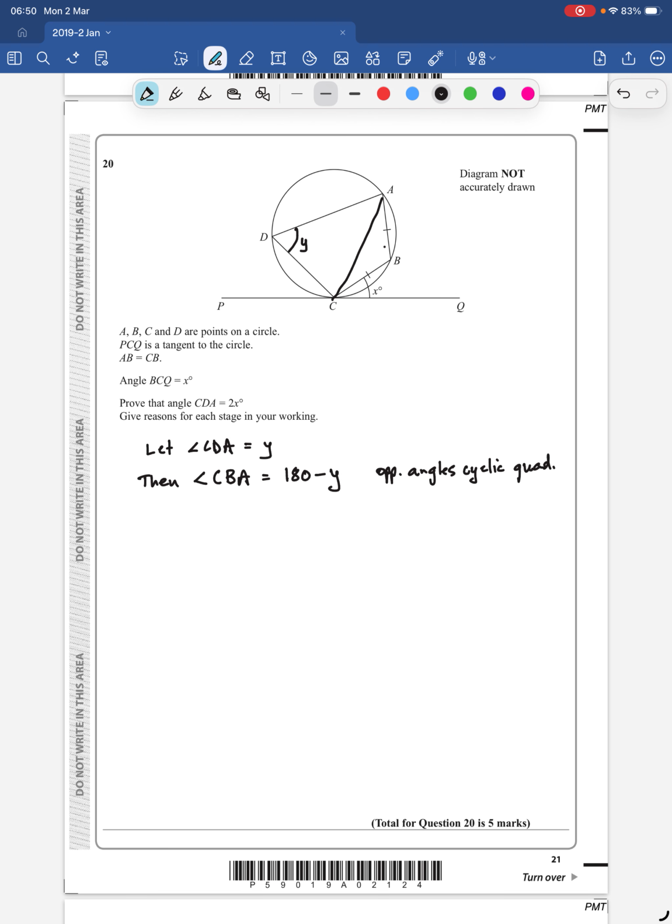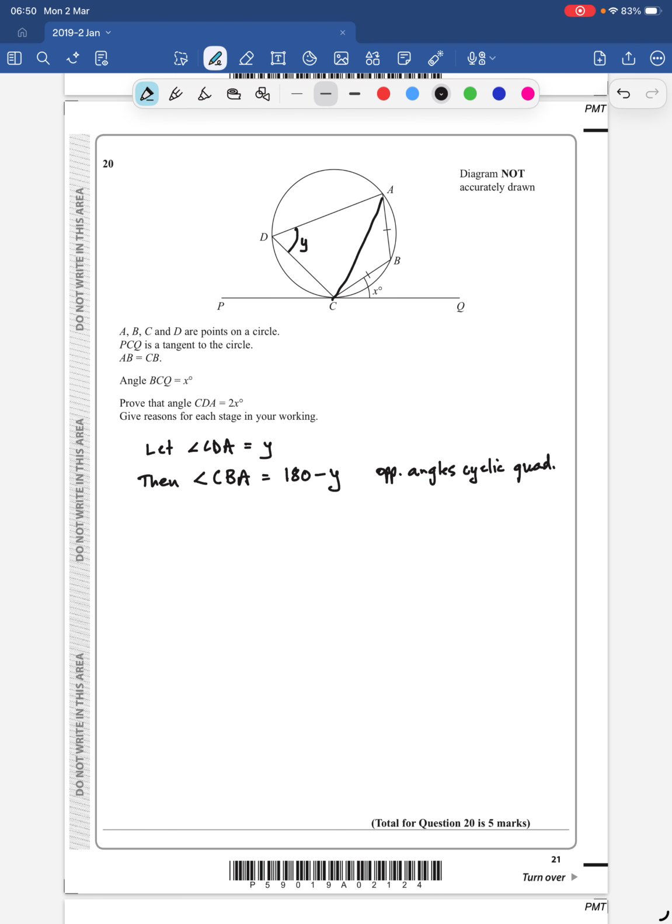So have a little think about that. If that's 180 minus y, then I need to add y to make 180 for all three. And actually, since this is an isosceles triangle, I know that not only do these two here add up to y, but they must both be equal, and therefore both be equal to half y. So I'm going to note some of that stuff down.